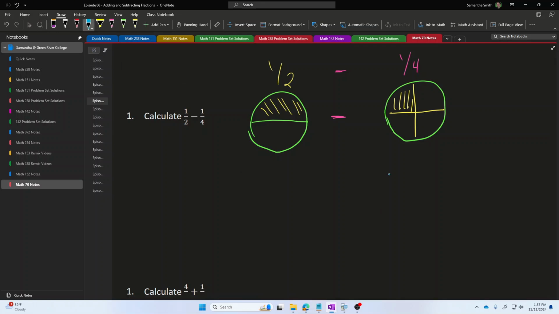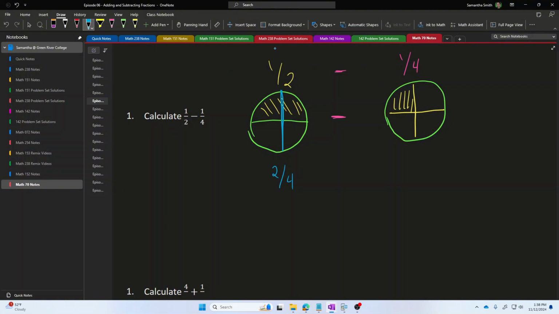So what I'm going to do is essentially cut the first pizza so that the slices in the first pizza are the same size as the slices in the second pizza. I'll make another cut right on through, cut it right in the middle. And now instead of thinking of I have 1/2 of a pizza, I can think about this as instead having 2/4 of a pizza.